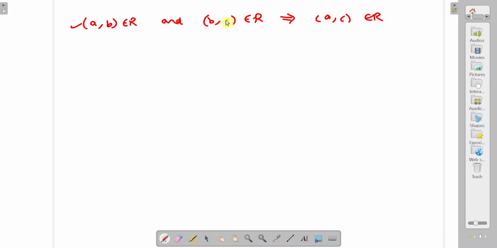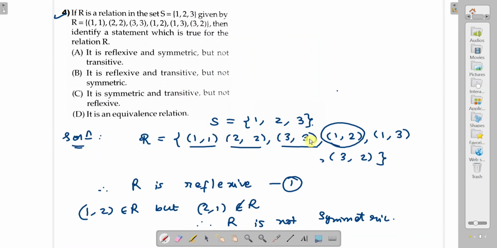So if (a, b) belongs to R and (b, c) belongs to R, then (a, c) should belong to R. First of all, you should have these two conditions, then you will check this condition. So let us check the first two conditions and then check the third condition, for every instance.